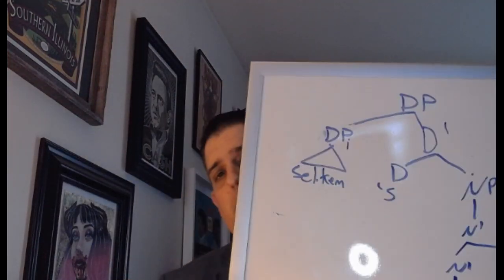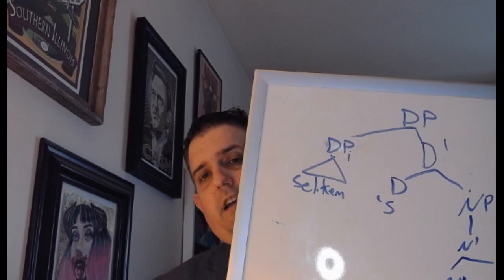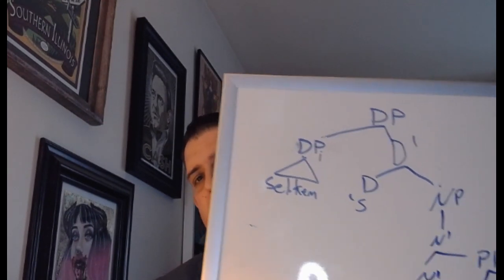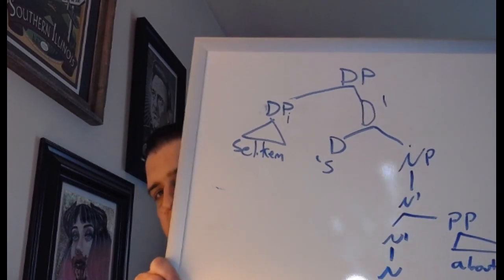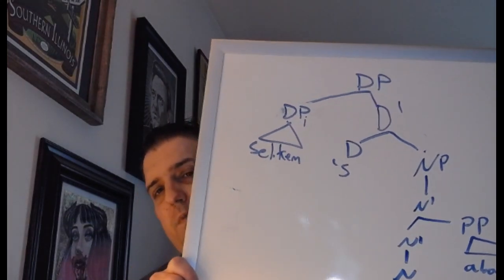The other thing that I really like about this structure is that it does a better job of capturing the semantic relations. And we can dither back and forth about how important that is, but the fact is that we kind of want our specifiers and our complements to encode some sort of semanticity. And this does a really nice job.